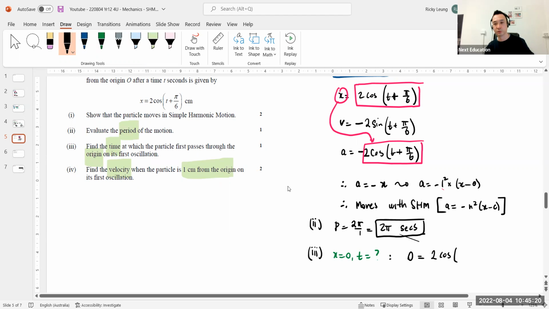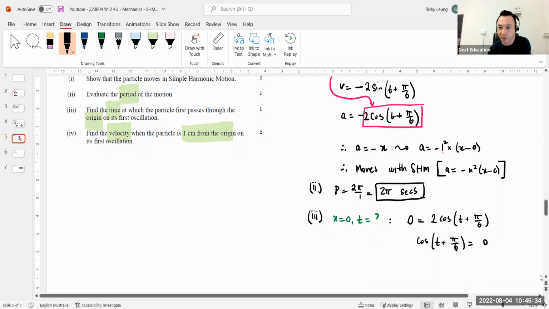Yep, first pass, cool. In the first oscillation, so t plus pi on 6, the 2 goes away, so then cos of t plus pi on 6 equals 0. We did this in the last question. When's cos equal to 0? Pi on 2. Guys, I only need the first pass. Is that right? So just checking that it's pi on 2.